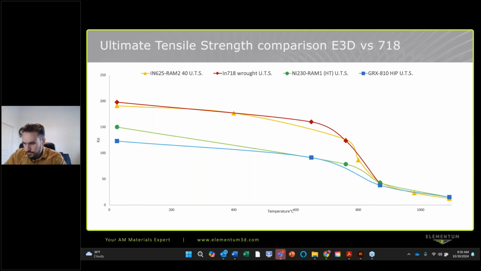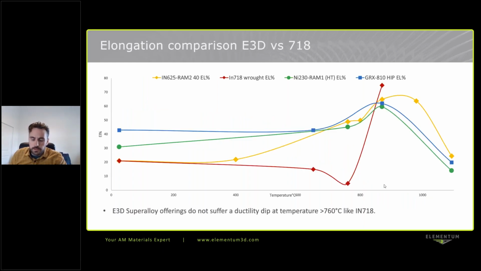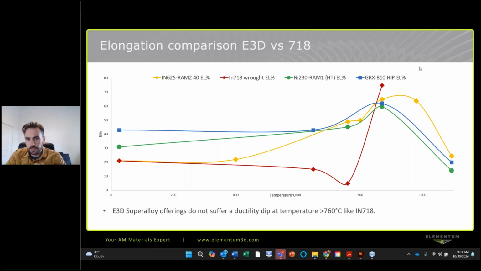But with these materials, we maintain a high level of elongation and don't suffer from the shortcomings that 718 might have, offering both solid solution alloys and the GRX 810 for very high temperature applications.